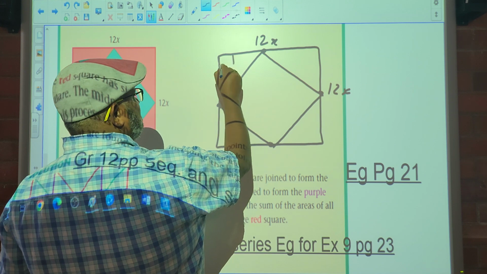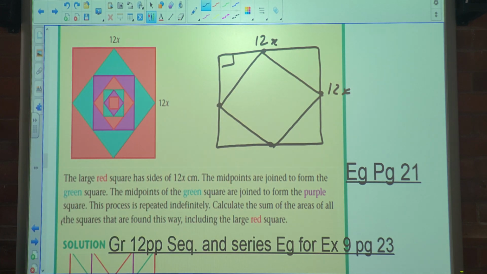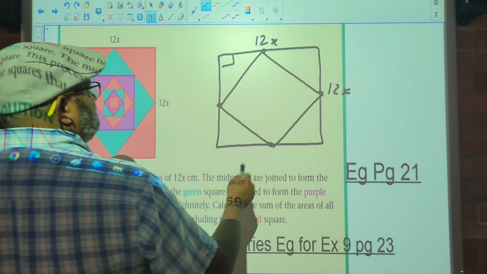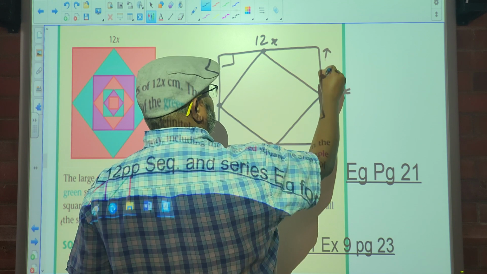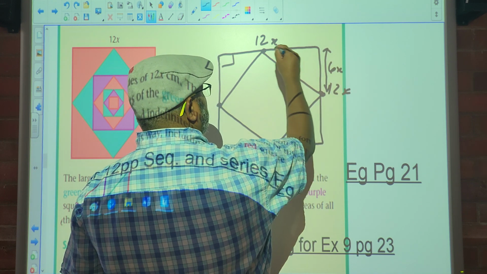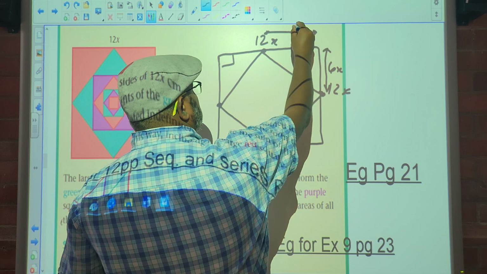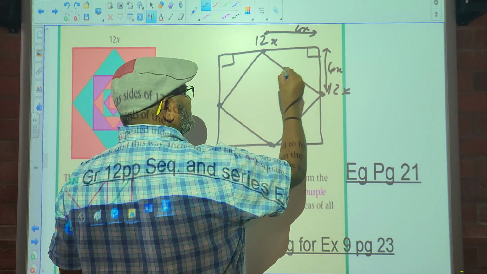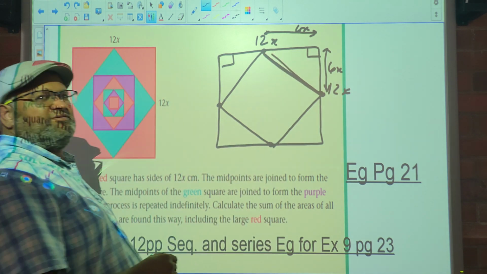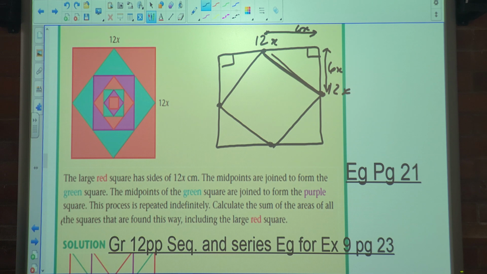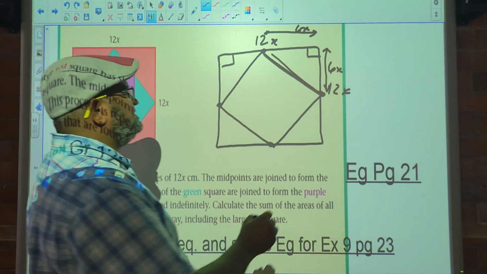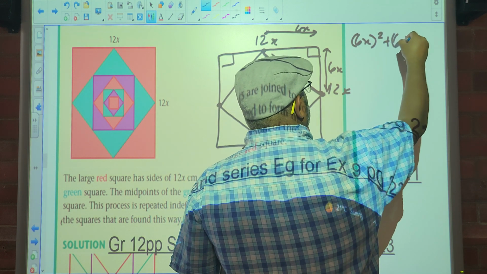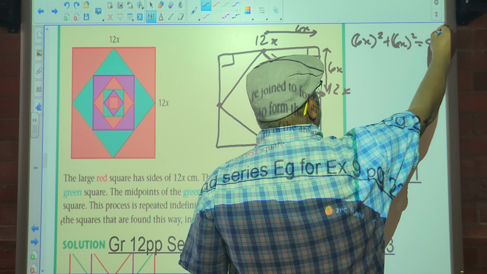So of course if this is the square, that's going to stand at 90 degrees. You all agree with that? And the midpoints, if this is the midpoint, then what is the length from there to there? 6x. And from there to there? Also 6x. Not so? And because this is 90 degrees here, I can actually calculate that length. How do you think I'm going to calculate that length? Using Pythagoras. It's going to be 6x all squared plus 6x all squared is equal to that side squared.